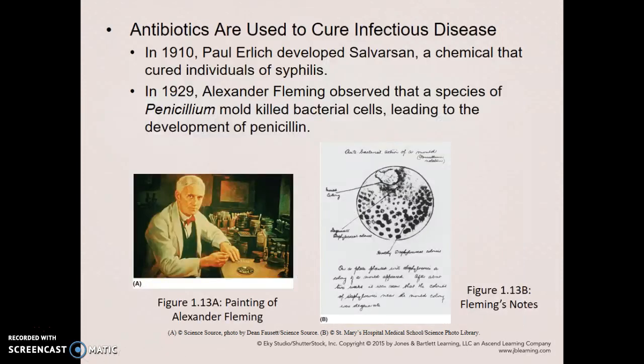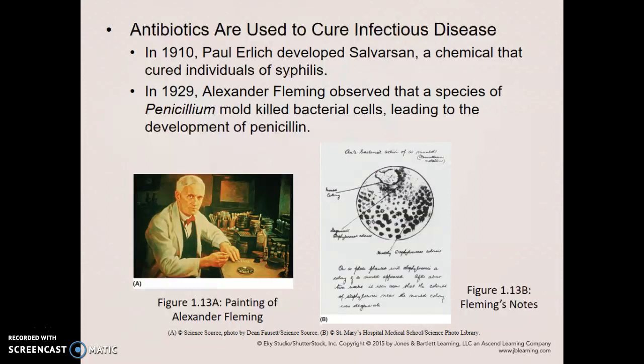Paul Ehrlich was one of the first individuals to develop a treatment for a disease. He developed Salvarsan in 1910 that was able to cure the primary stage of syphilis. In 1929, Alexander Fleming discovered penicillium mold, and what he noticed was that where the mold was growing on his petri plate, staph were being repelled. They were not able to grow in that area.